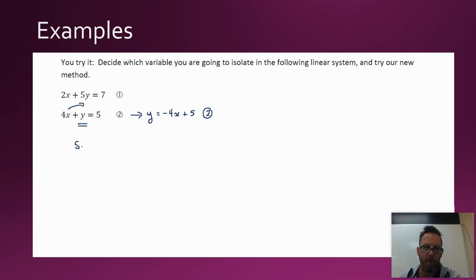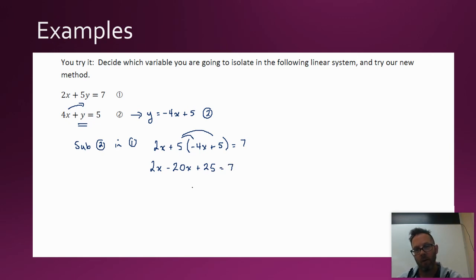We're going to sub our rearranged equation 2 into equation 1. So we have 2x plus 5, and y is equal to negative 4x plus 5 equals 7. 2x minus 20x, I'm using the distributive law, plus 25 equals 7. So we might get a fraction here, unless I'm doing my mental math wrong.